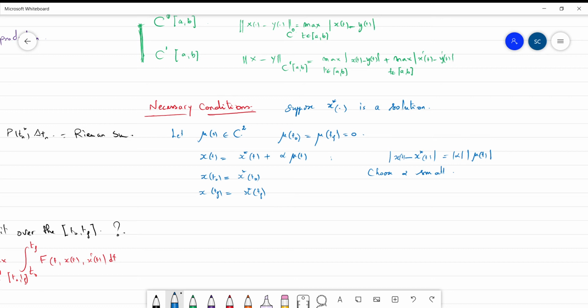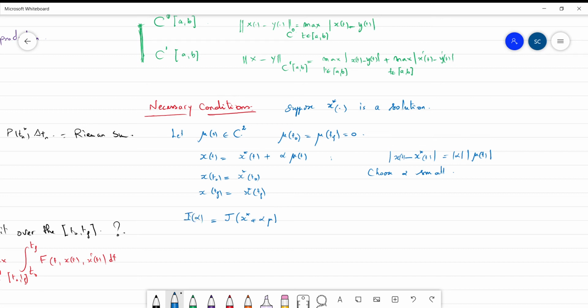Now let's consider the value of the function g at this new function x, that is x star plus alpha mu. Since x star is known and mu is fixed, this quantity depends just on alpha.